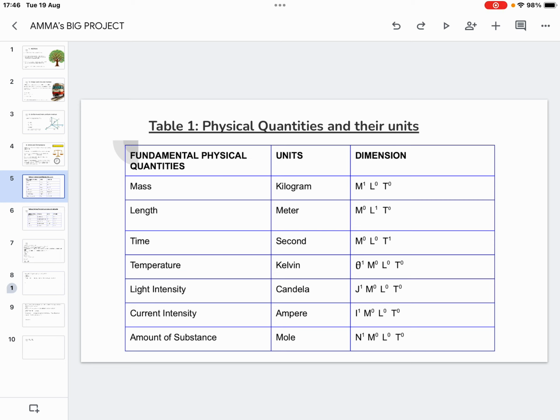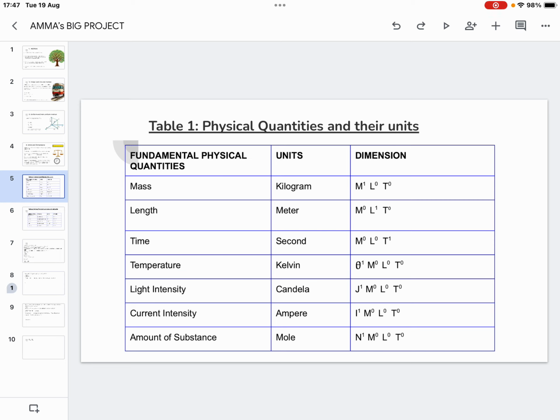For time, the unit is second and its dimension is M0 L0 T1. For temperature, the unit is Kelvin and its dimension is theta 1 M0 L0 T0. Light intensity has the unit of candela and its dimension is J1 M0 L0 T0.